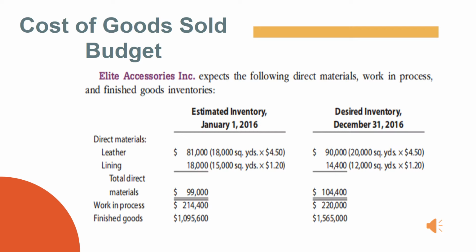Of this total, $2,582,100 is budgeted for direct materials, $4,851,600 is budgeted for direct labor, and $2,089,080 is budgeted for factory overhead. After considering work in process inventories, the total budgeted cost of goods manufactured and transferred to finished goods during 2016 is $9,517,180.